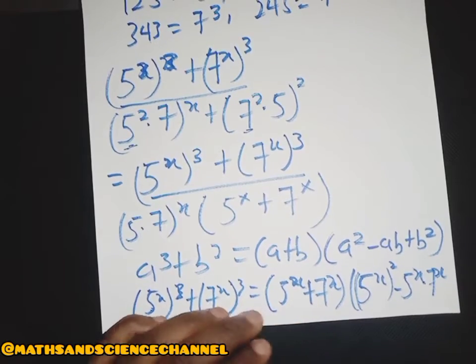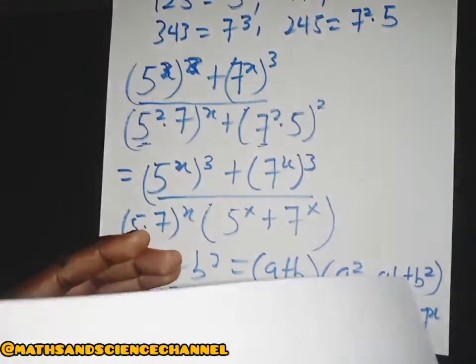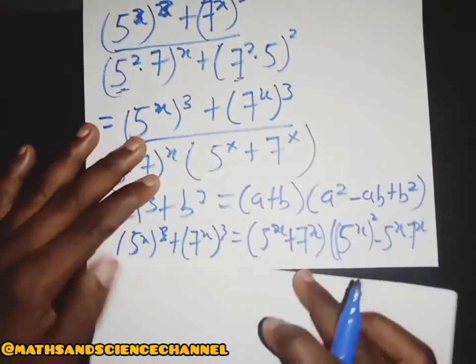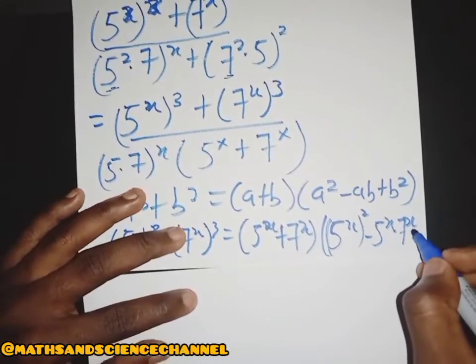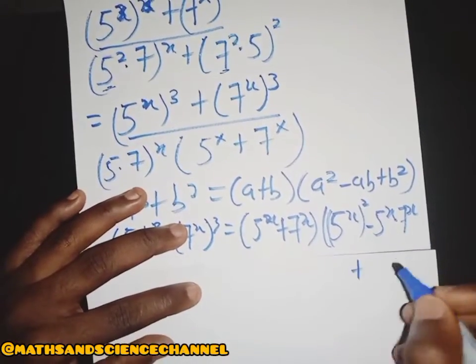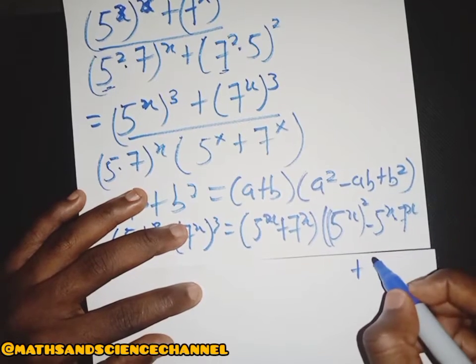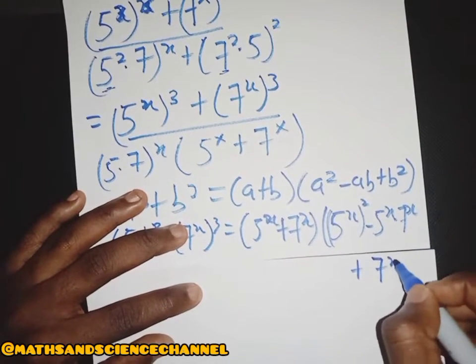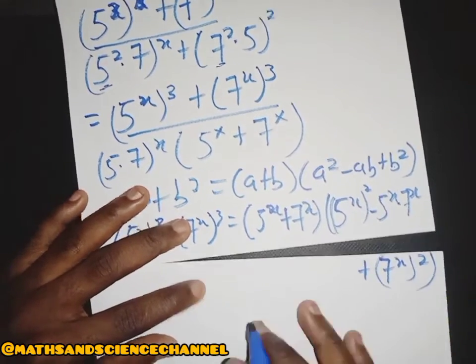Let's continue here. Then from here we have plus b squared, which is just 7^x here all squared, right, in this case.